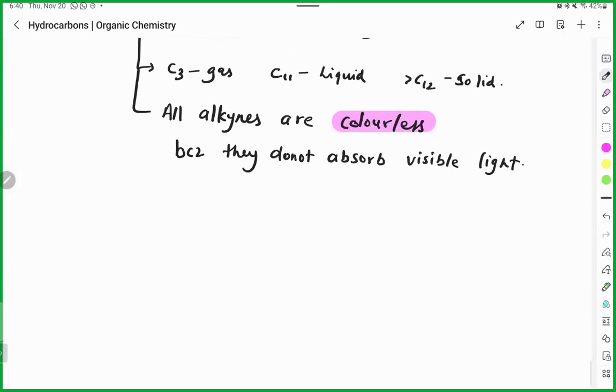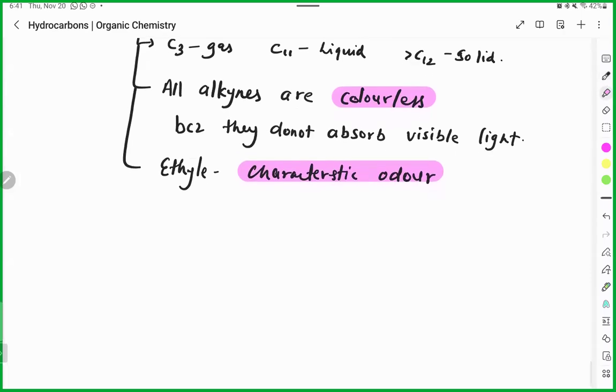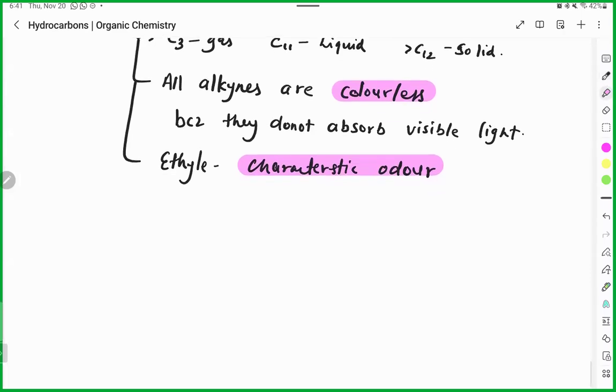Next, ethyne has a characteristic odor, but the thing is I cannot show you a video that ethyne has a characteristic odor. Nobody can show. Correct? So ethyne has a characteristic odor, but other members are odorless. And you will feel, sir, what is special in this? It's a normal thing.